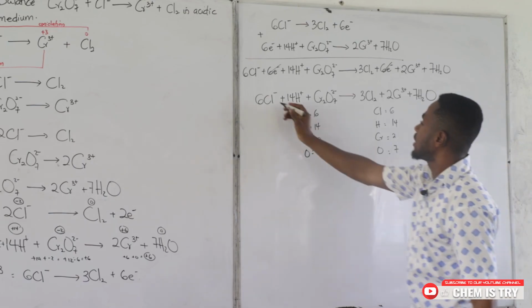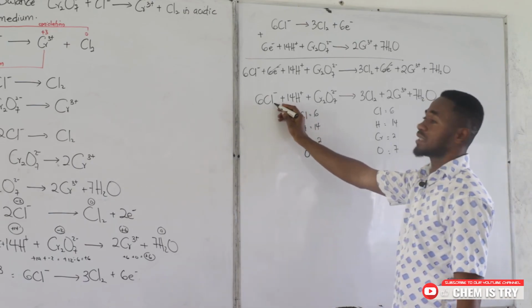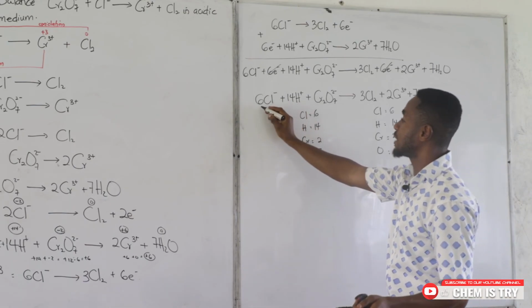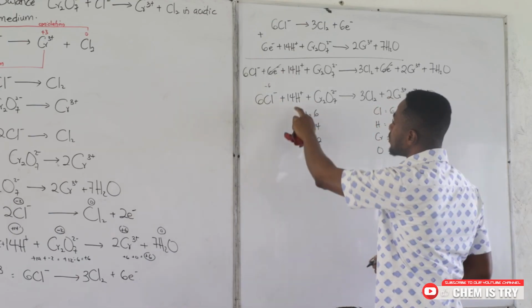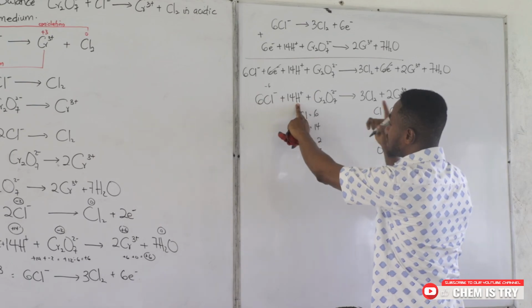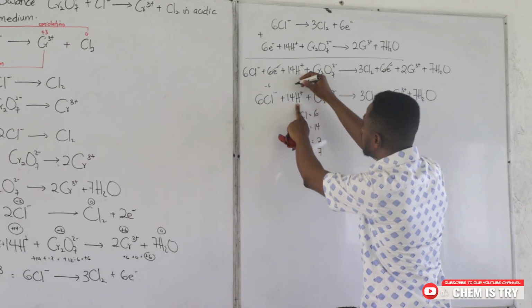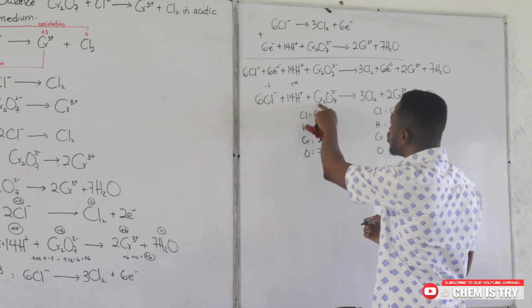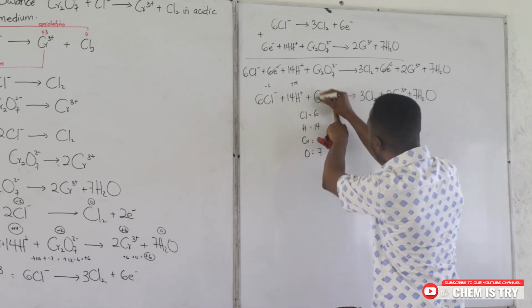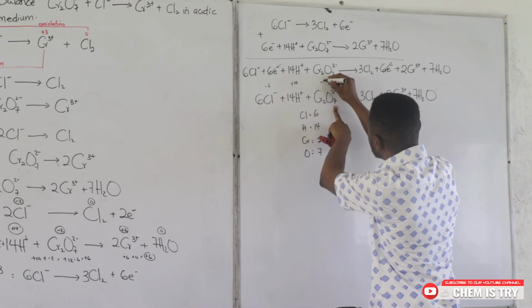Now, over here, we have Cl- having a charge of -1, and we have 6 of them, so -6. We have H+ having a charge of +1, and we have 14 of them, so +14. Then Cr2O7 2-, its whole charge is -2.